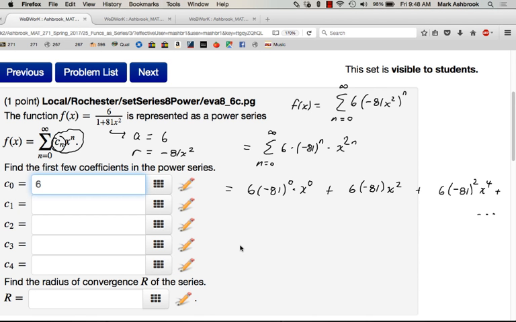All right, C1 is the coefficient of x to the first. So we look at this. What coefficient of x to the first is going to help me reproduce exactly this sum? There is no x to the first term, so I want to make sure that there is none. So that coefficient has to be 0.